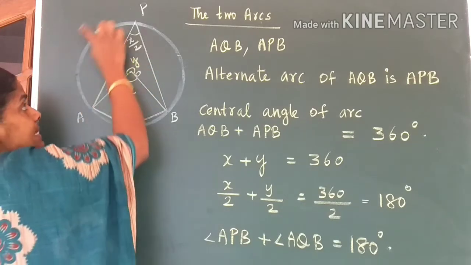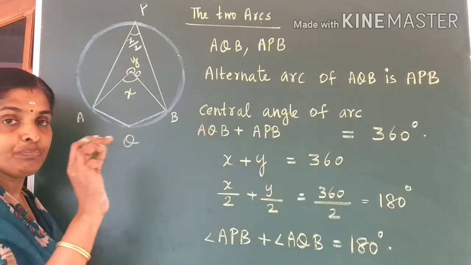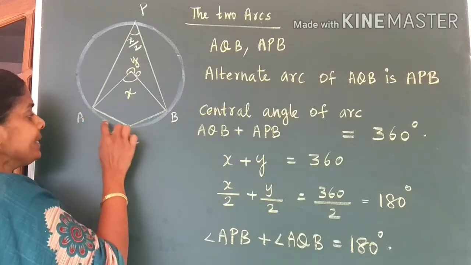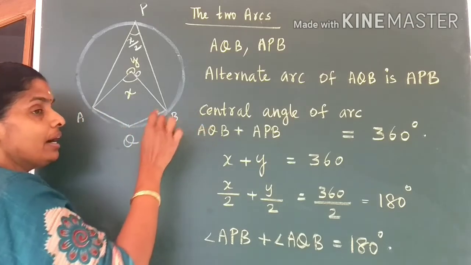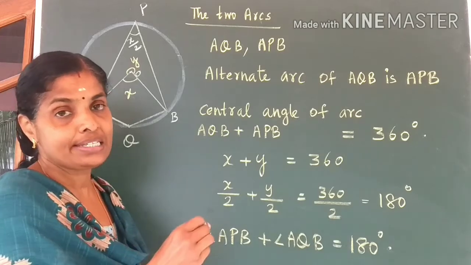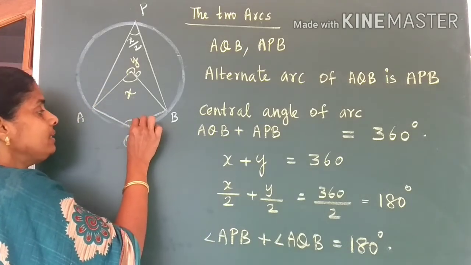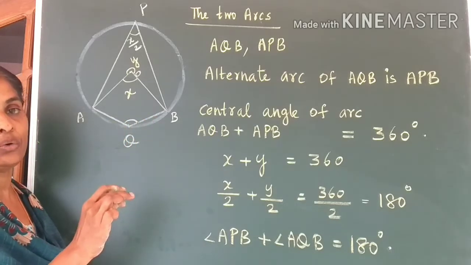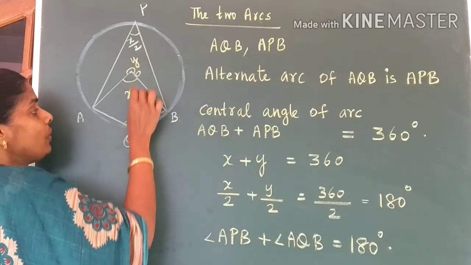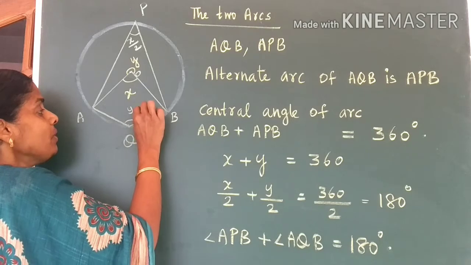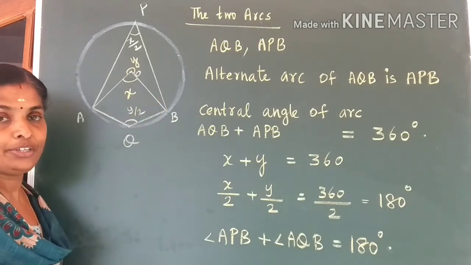Now, this arc APB makes an angle AQB on its alternate arc. So, what can you say about this angle? Angle AQB would be half of y, that is y by 2. Do you understand?